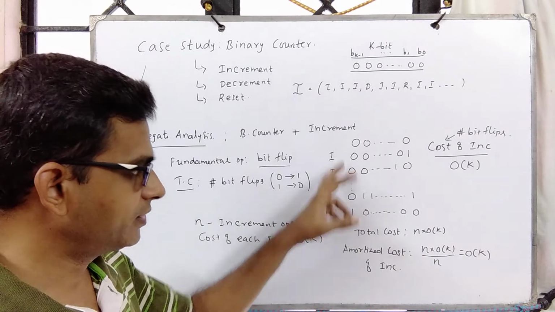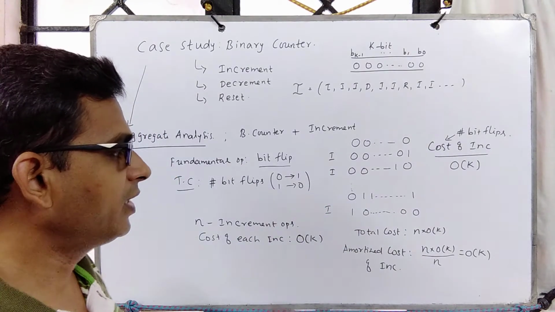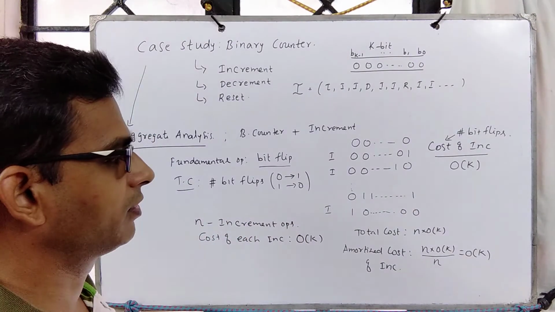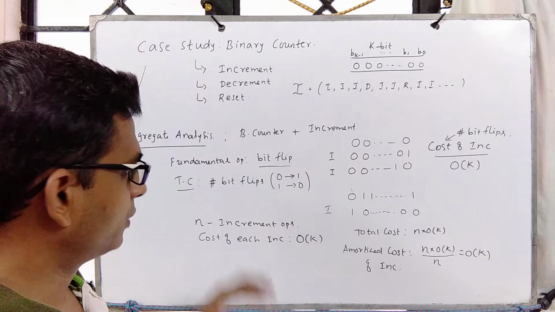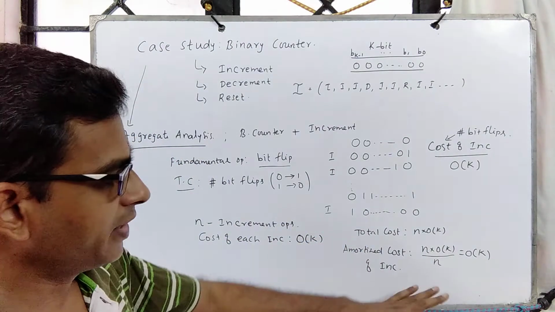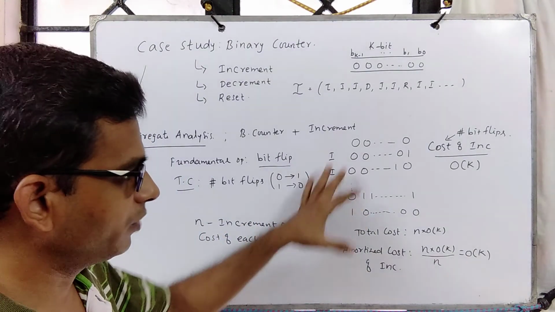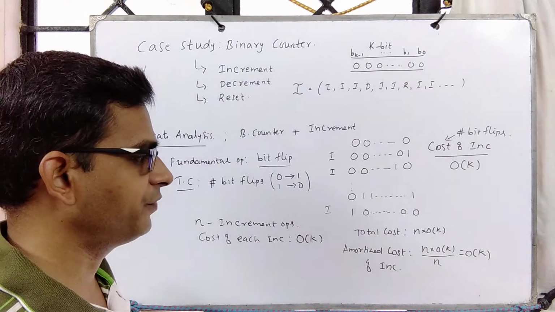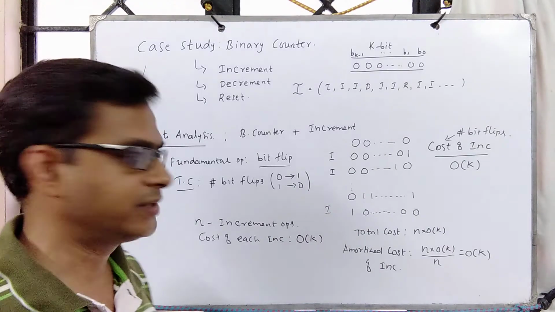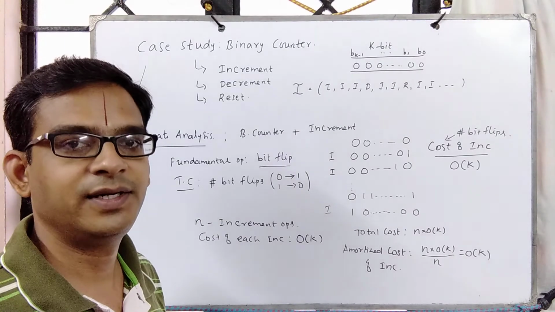So can we look at this sequence of increments more closely and come up with a better analysis for the aggregate method? So one approach says order k. With the same aggregate method, we are going to have a relook into this configuration and analyze at micro level what is the cost of increment, which we shall see next.